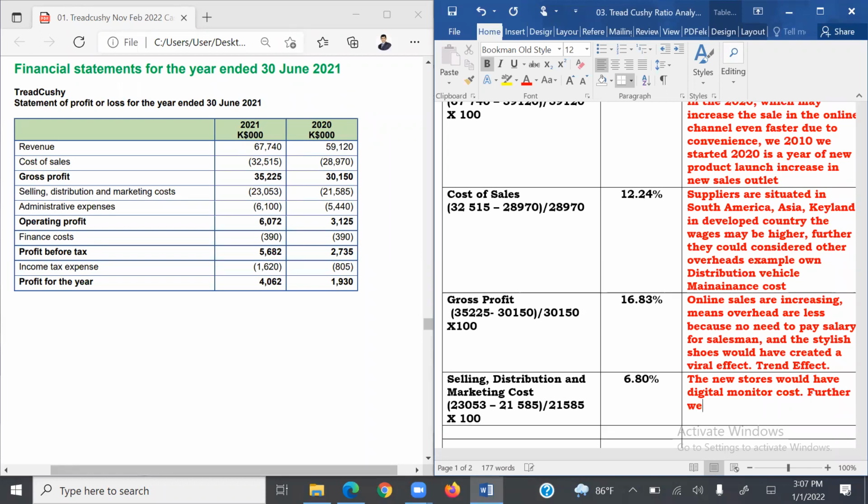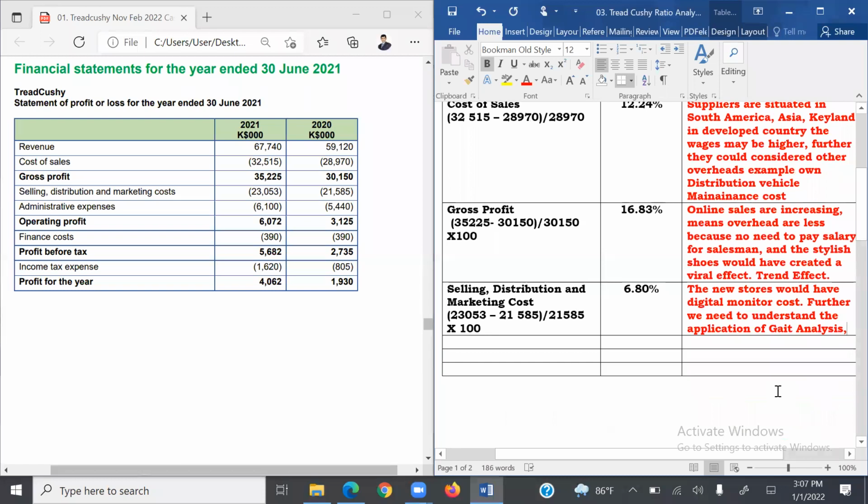Further, we need to understand the application of gate analysis. Students, can you remember there is something called gate analysis? That means when you enter a showroom, there is a treadmill type of thing where the consumers, the buyers, can use the shoes inside the treadmill and see the quality, whether it is fine with them, their running pattern, everything.